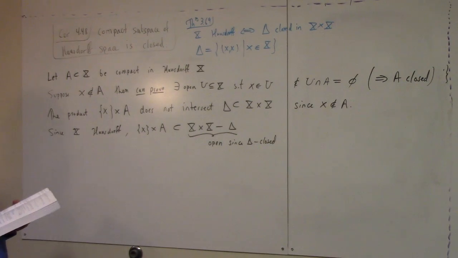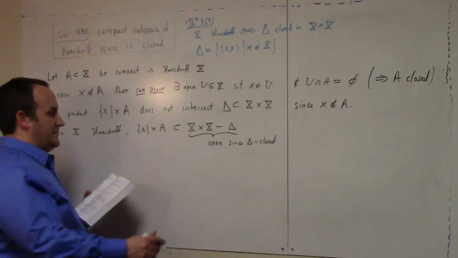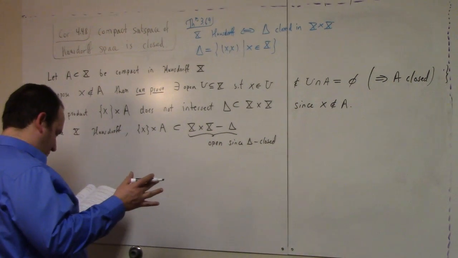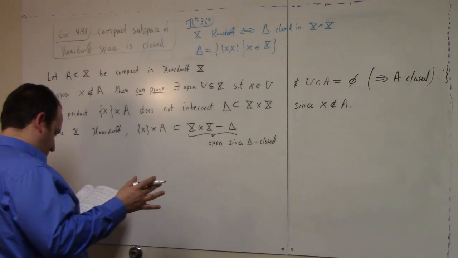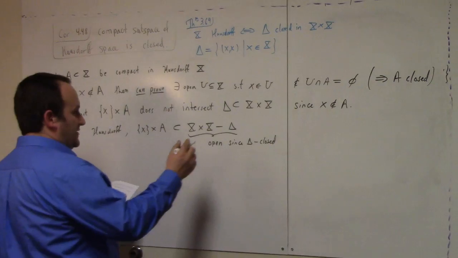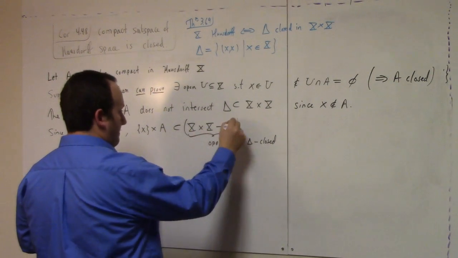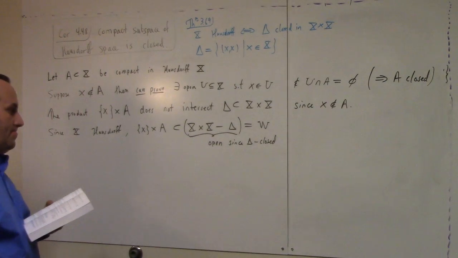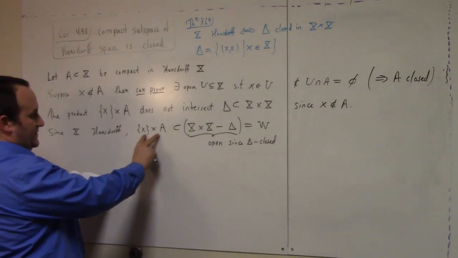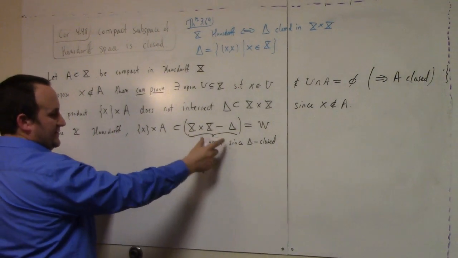Basically he says call this thing W, right? It's clear this is an open set.